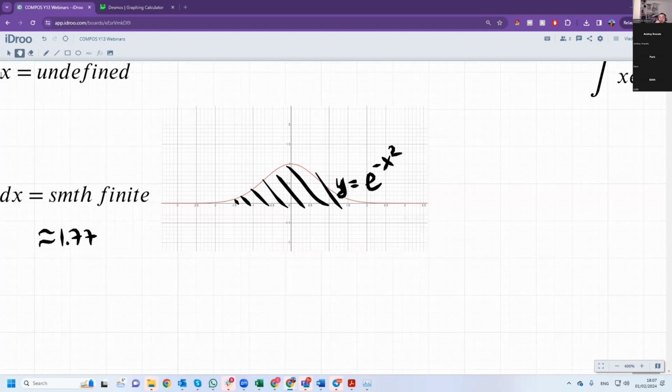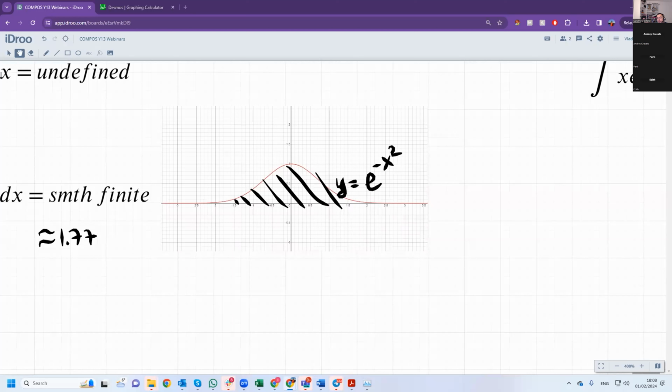Yes, exactly, Alexander. It does it numerically, of course. What other methods do you know of finding the integral? If you can't integrate, what do you do? You've been taught one of the methods in school. Trapezium rule, yes, of course.